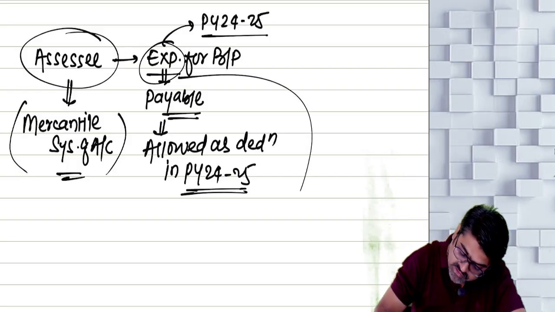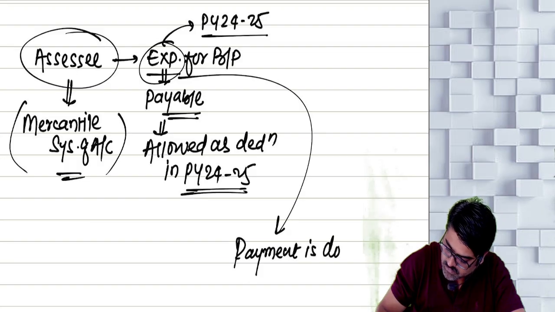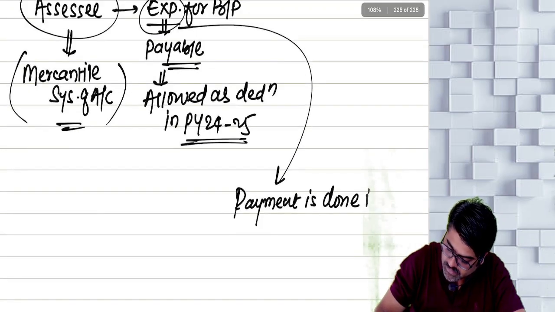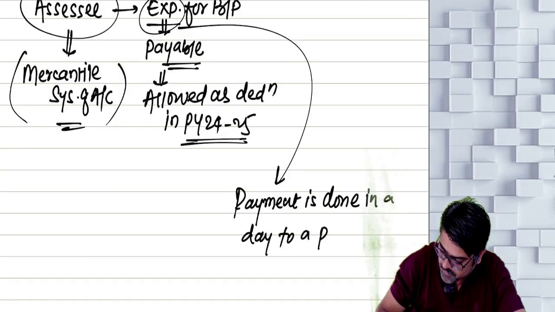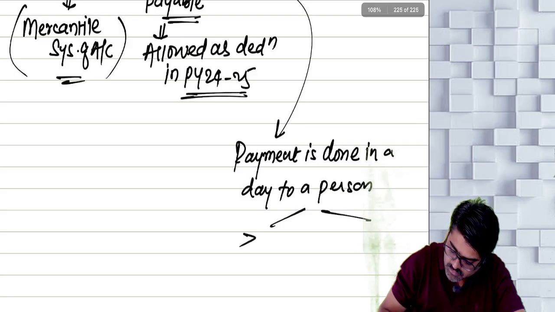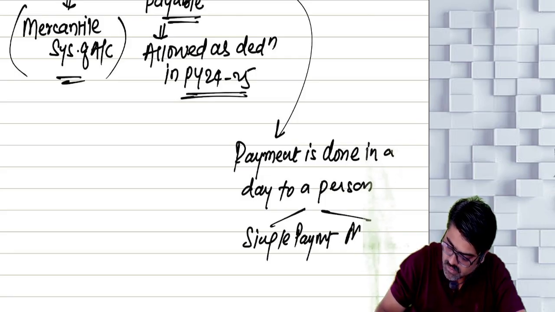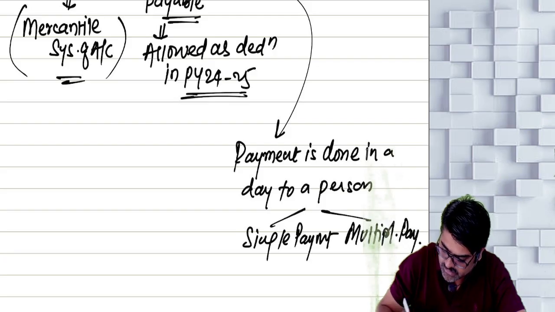Now for this expenditure, if the payment is done in a day to a person, and the payment is single payment or multiple payments are done in a day.